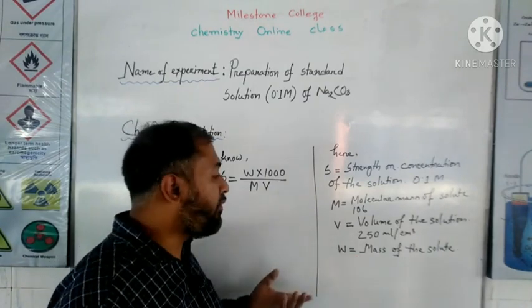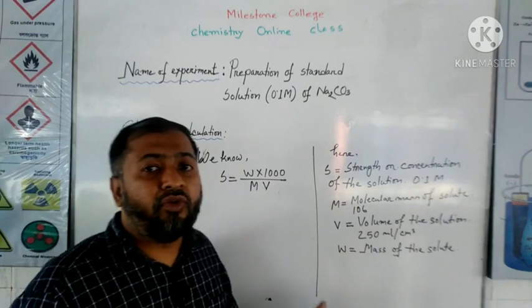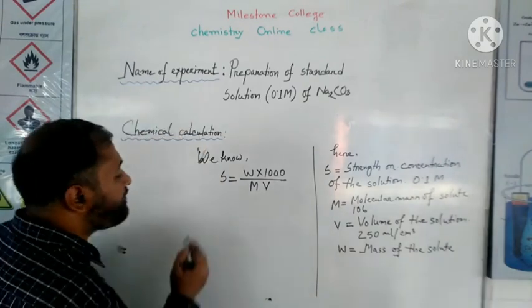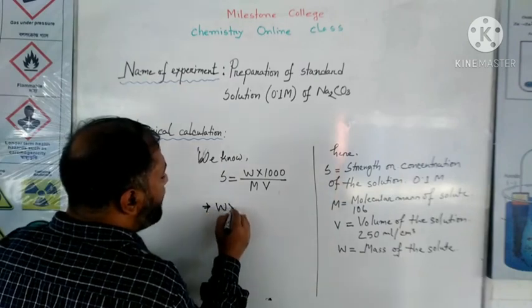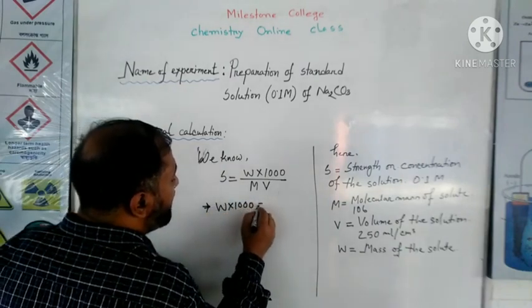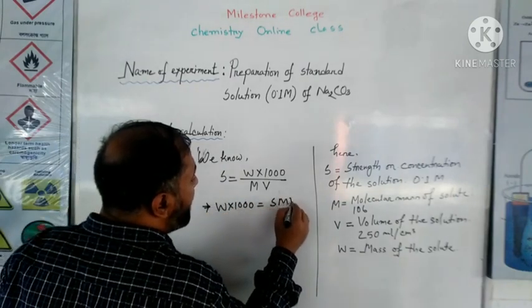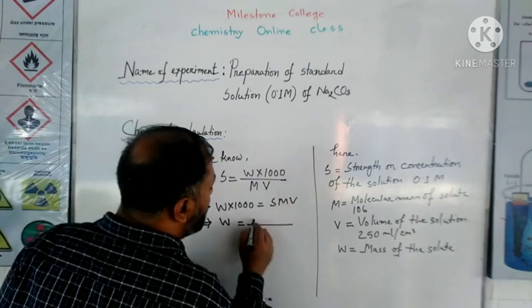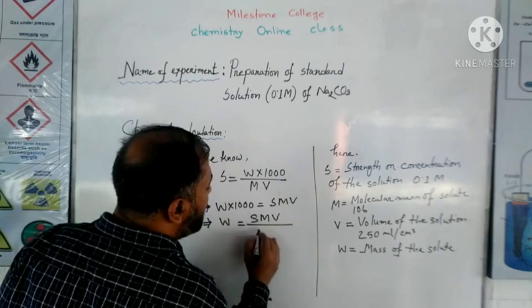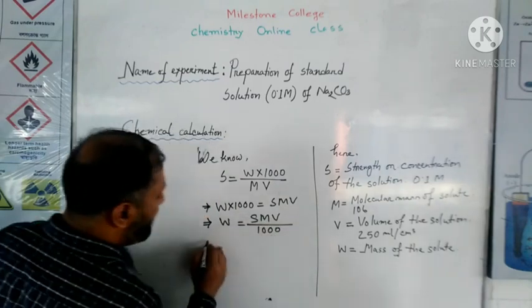Now I am going to calculate and find out the amount of sodium carbonate. Here W into 1000 is equal to SMV, or W is equal to SMV divided by 1000.